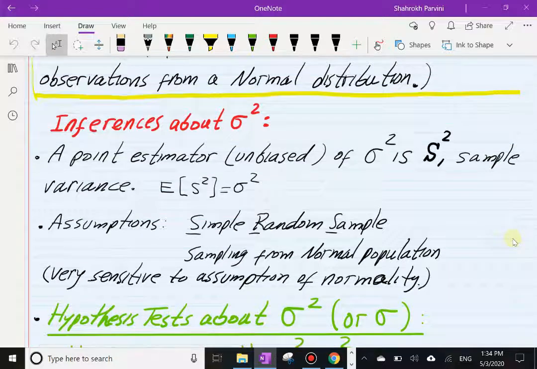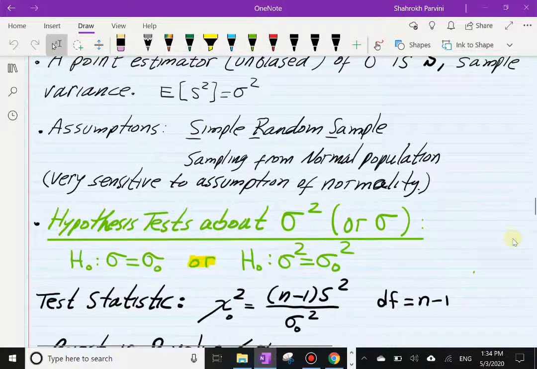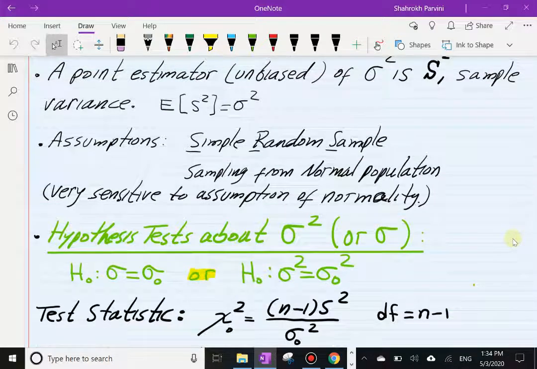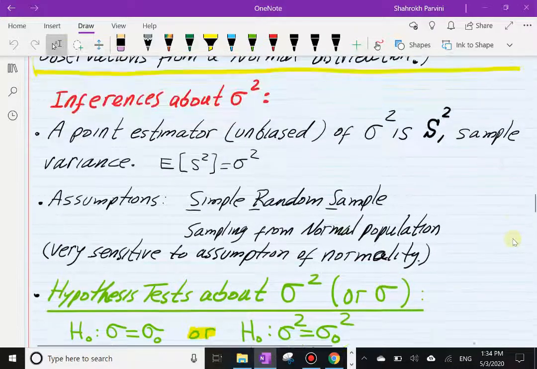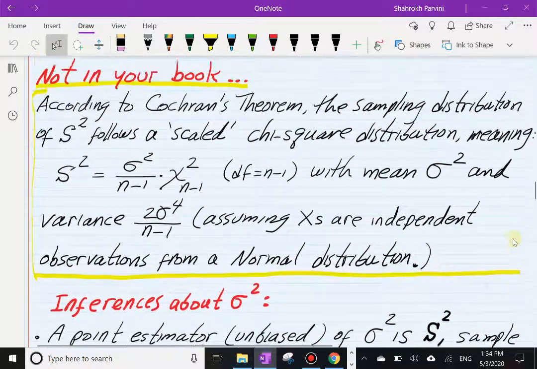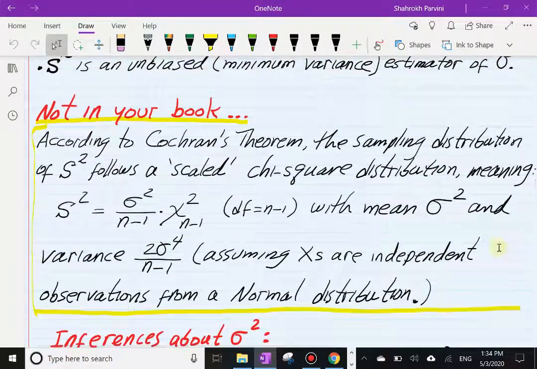So what we're doing now, we want to do hypothesis tests and confidence intervals. And here come the formulas. This is the formula that's in your book. But hopefully now you see the reason for this formula. The reason for it is up here, right under what's not in your book. It's this statement right in here.